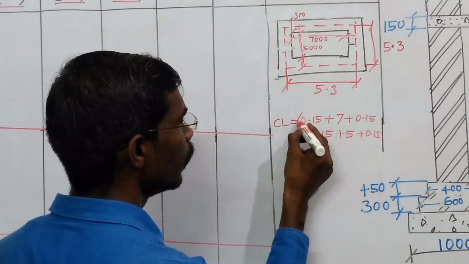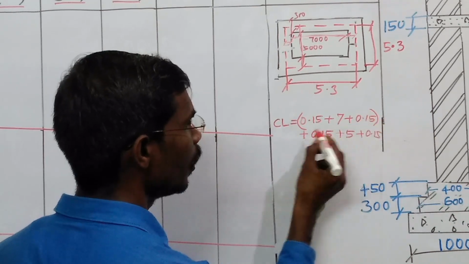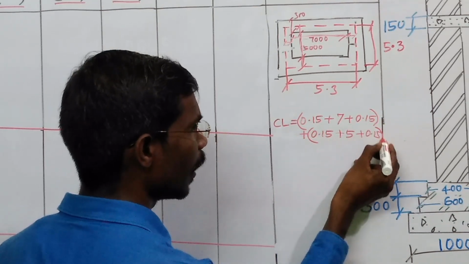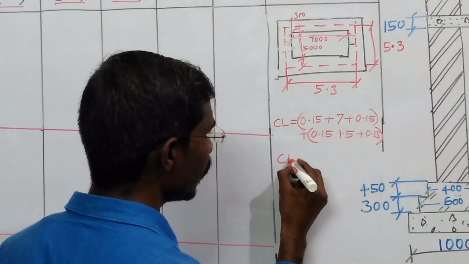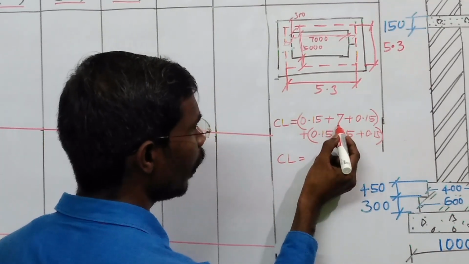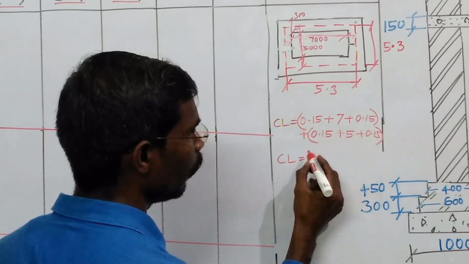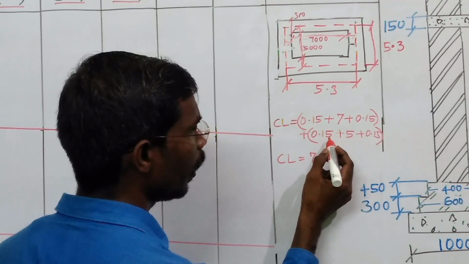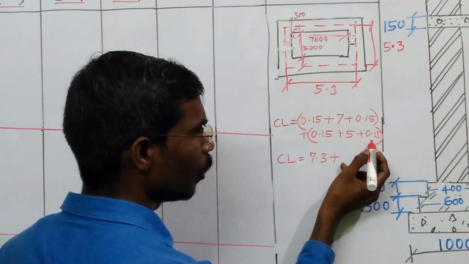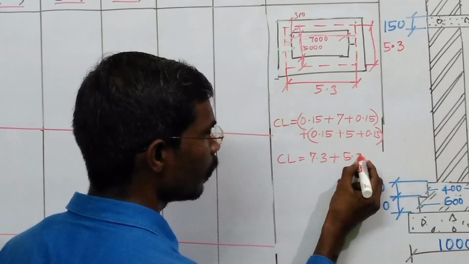So now this is for one direction, this is for another direction. So you can calculate now CL is equal to 7.15 plus 0.15, it is 7.3, and 5 plus 0.15, it is 5.3.